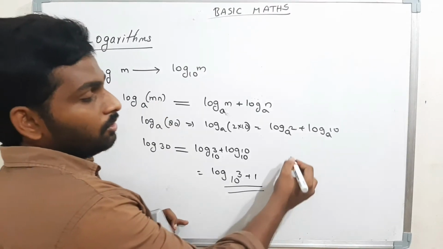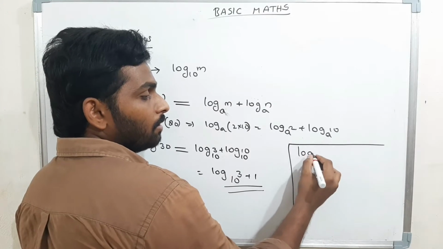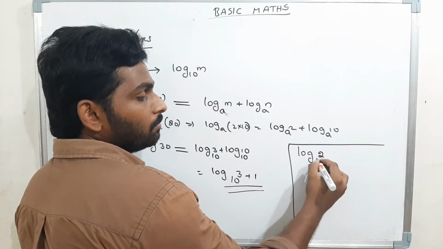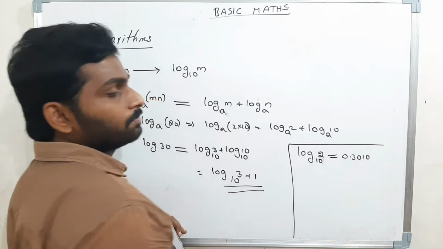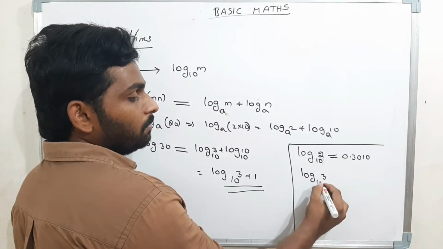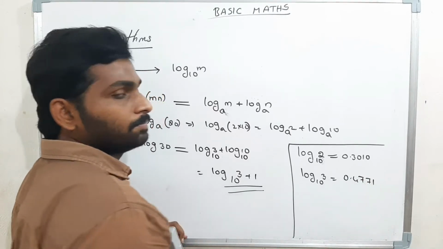Now one more thing you have to remember. These values, please remember. Log 2 base 10 is 0.3010. Log 3 base 10 is equal to 0.4771.